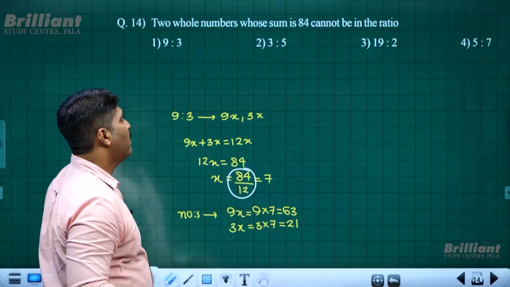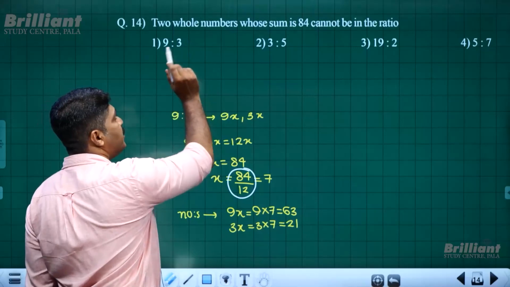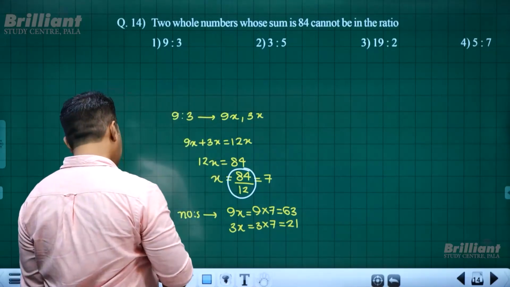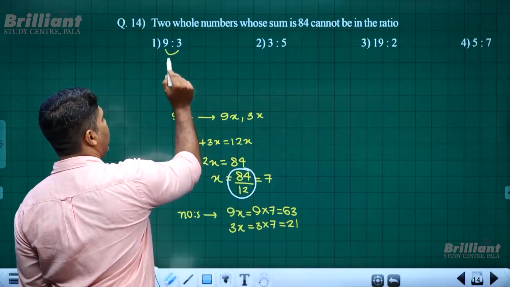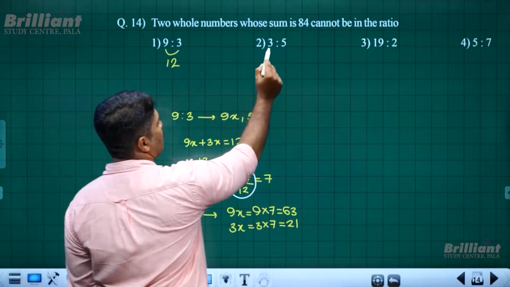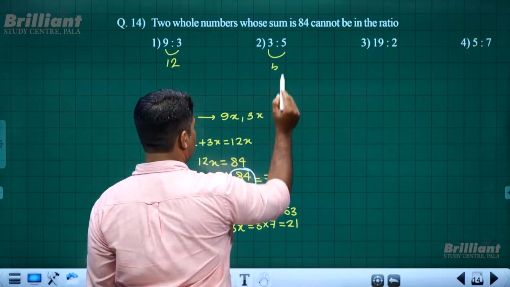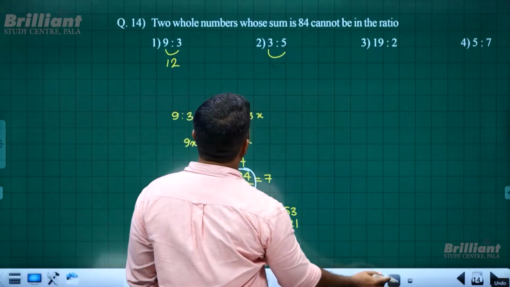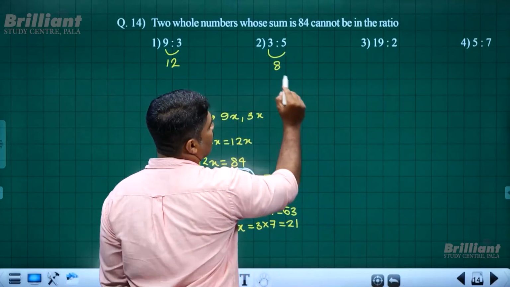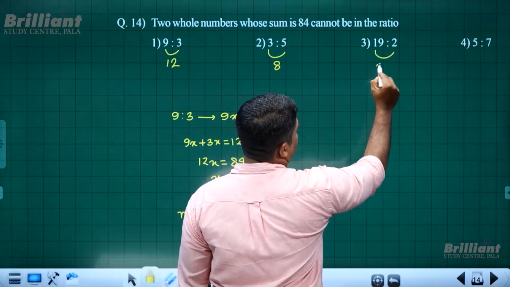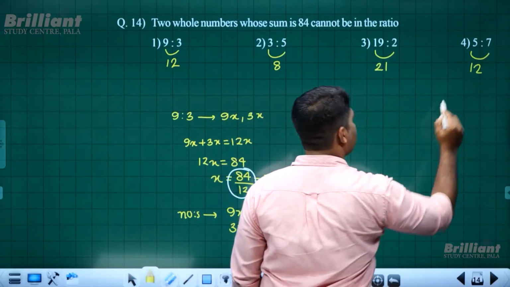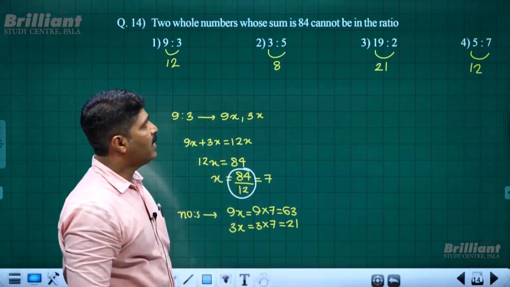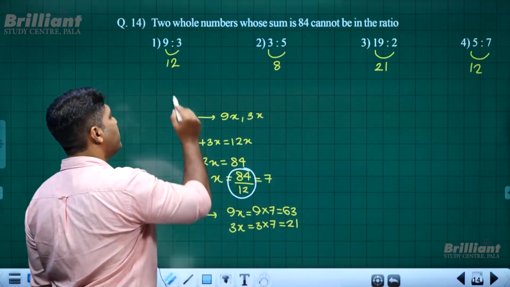What is this 12? 12 is nothing but the ratio sum. So in each of these situations, we consider the ratio sum. Here 9 plus 3 is 12, 3 plus 5 is 8, 19 plus 2 is 21, 5 plus 7 is 12. So we are checking whether this 84 is divisible by 12.